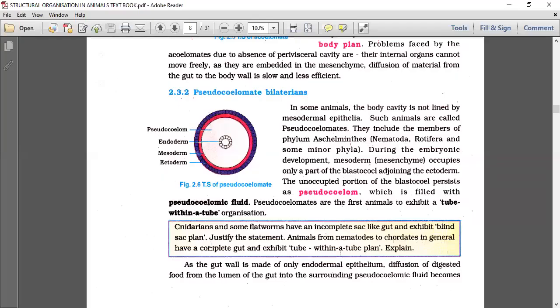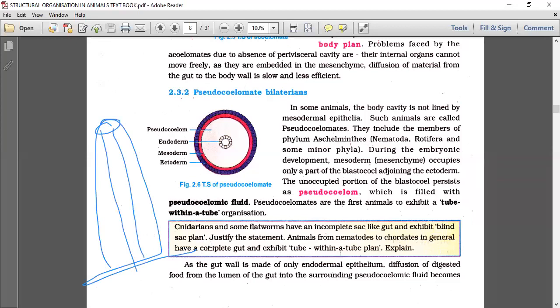And then cnidarians and some flatworms also have this kind of incomplete sac-like gut and exhibit the blind sac plan. Justify the statement, they are asking. You see, already we have seen in radial symmetry that cnidarians have a mouth and gastrovascular cavity.